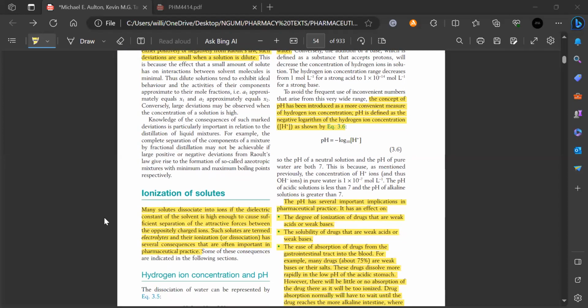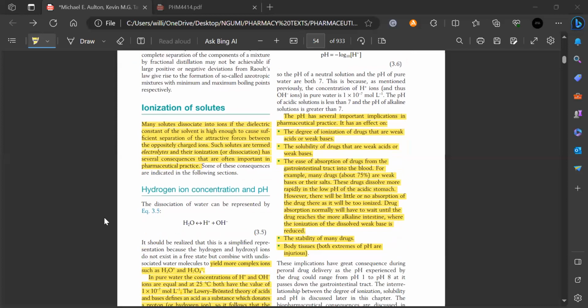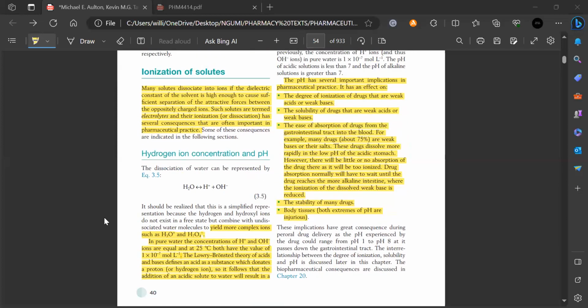So next, I'll look at ionization of solutes. Remember, solutes are put inside the solvents. Many solutes dissociate into ions if the dielectric constant of the solvent is high enough to cause sufficient separation of the attractive forces between the oppositely charged ions.